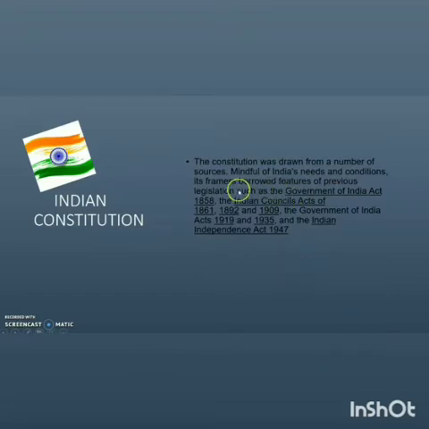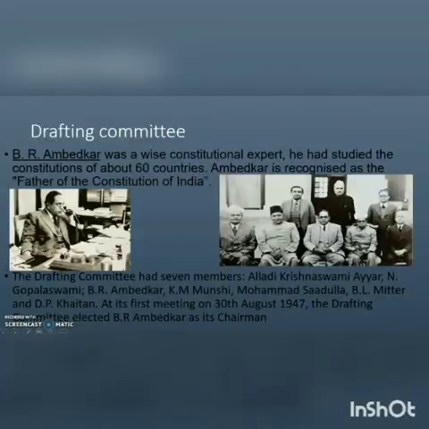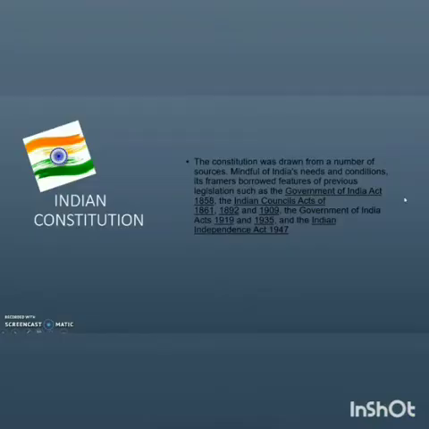Framers borrowed features of previous legislation such as the Government of India Act 1858, Indian Councils Act 1861, 1892, 1909, Government of India Act 1919, 1935, and the Indian Independence Act. All these acted as sources of the Indian Constitution.